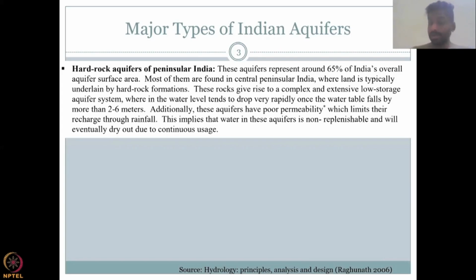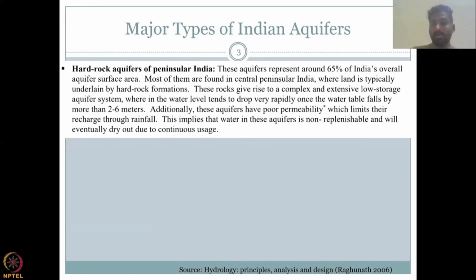And the permeability is very low. How much water can pass through the system is very low. Pass through the rocks is very low. So recharge is low, storage space is low, and also once you pull it out, the next recharge is very, very slow, and there's not much connectivity between the aquifers.